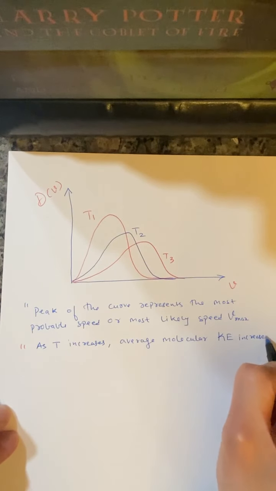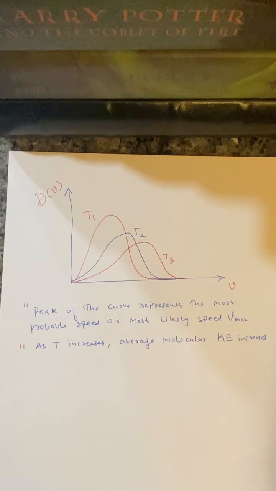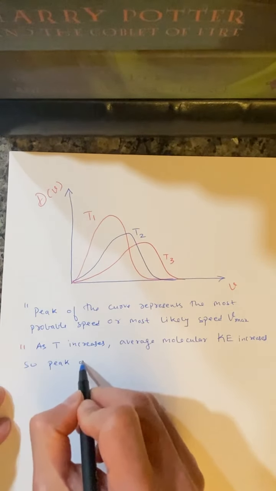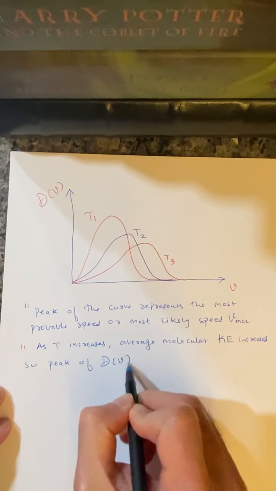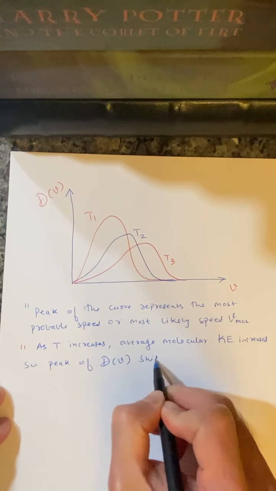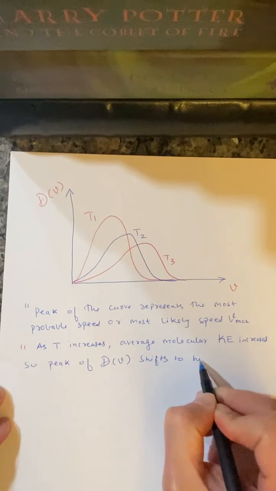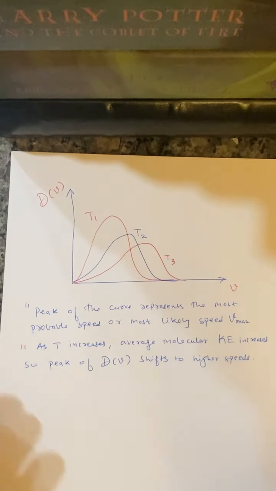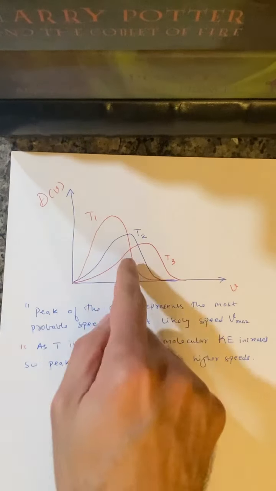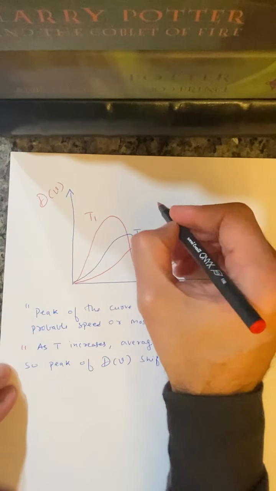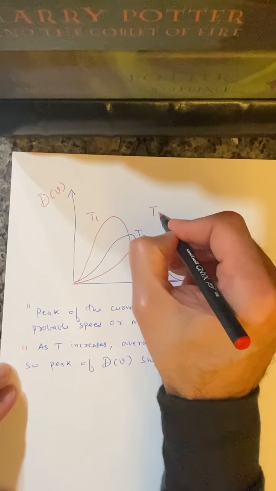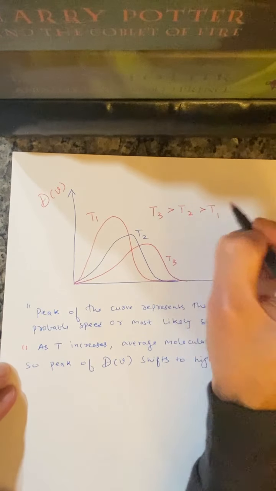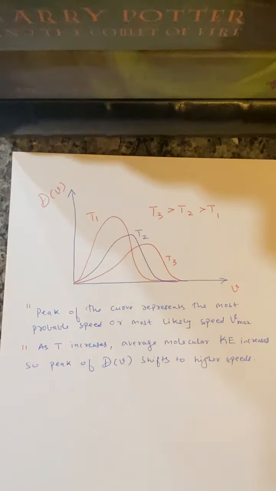You all will agree with that, right? So the peak of d of v is going to shift to higher speed. As a result, if someone showed you this graph and asked you the temperatures, you can easily claim that T3 is greater than T2 is greater than T1. I hope that makes sense to you all.